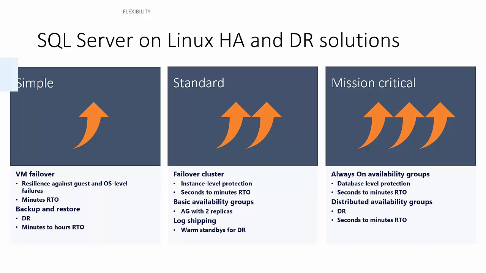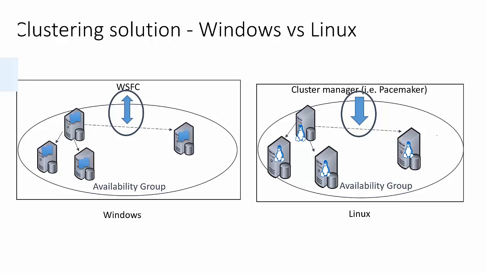One such option, in the case of standard DR, is log shipping. For mission-critical SQL workloads, we have Always On availability groups as an integrated solution that provides redundancy within or across data centers to help enable fast application failover during planned or unplanned downtime, definitely with no data loss.